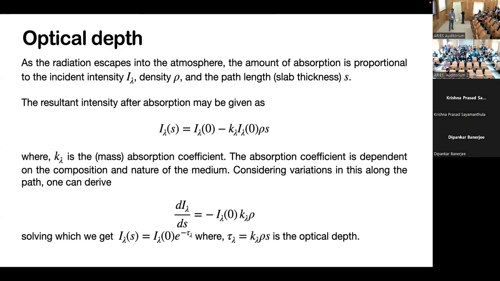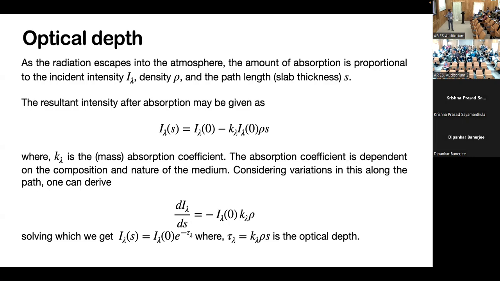You just move this, and you get dI lambda by ds. If you solve this equation, we get I lambda s equal to I lambda naught into e power minus tau lambda, where tau lambda is K lambda rho s. Essentially, this means the intensity falls off exponentially along the path, and the exponential factor depends on several things.